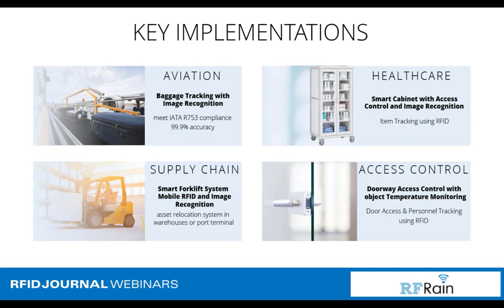And what we're doing with aviation is not only increasing the reliability of reading the tags in real time on the conveyor belts, but also reducing a problem in general called singularization, where an antenna in certain cases picks up more than one tag. And when it picks up more than one tag, you do not know which bag you read. But we're using image recognition to recognize that that bag belongs to that tag. That's what we're doing with aviation.